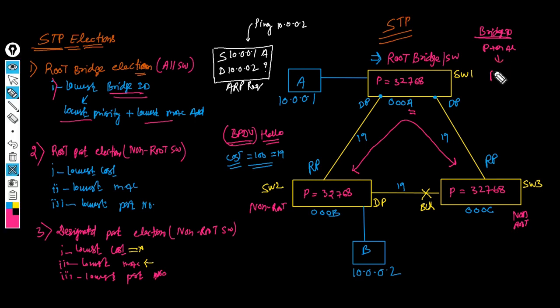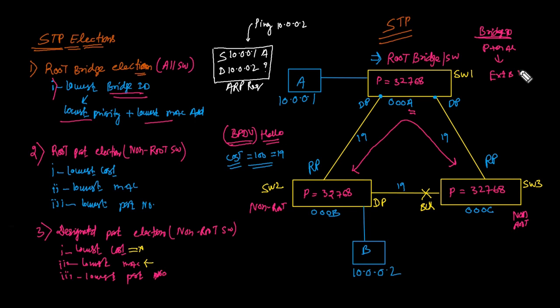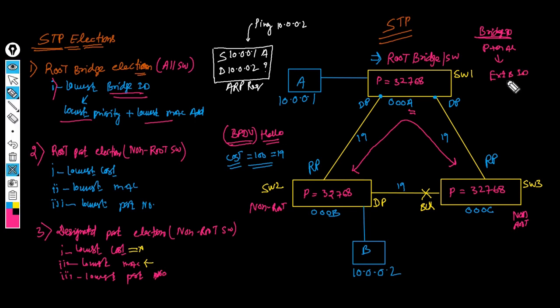Sometimes you will find the extended bridge ID, or extended system ID, and this extended bridge ID is nothing but priority plus MAC address along with the VLAN number. The VLAN number will get added. That is called the extended bridge ID.